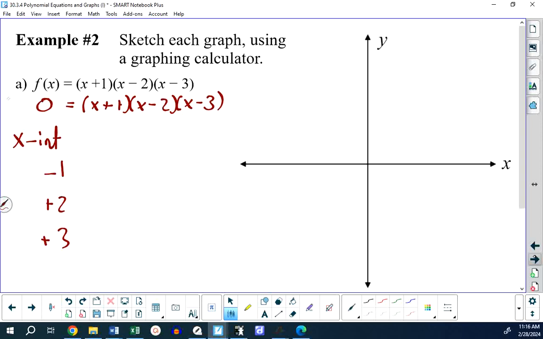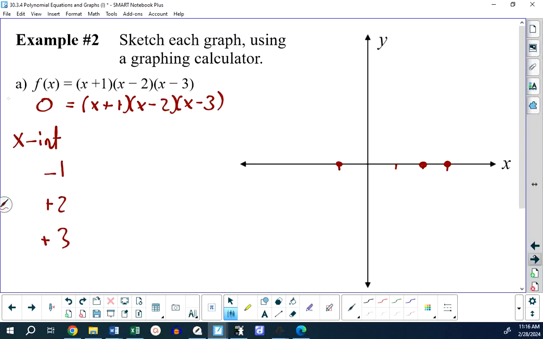So what we do know, and we can put this on paper now before we look at the graphs, is that at 3, there will be an x-intercept. And there will also be an x-intercept at 2, and there will also be an x-intercept at -1. We know this, and by the way, everybody here should be able to sketch this one without a calculator.